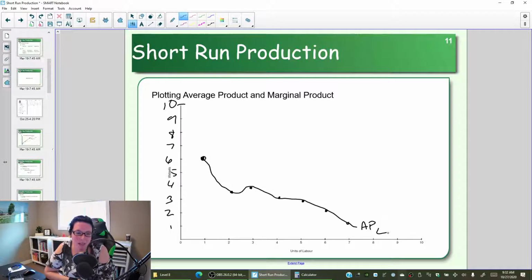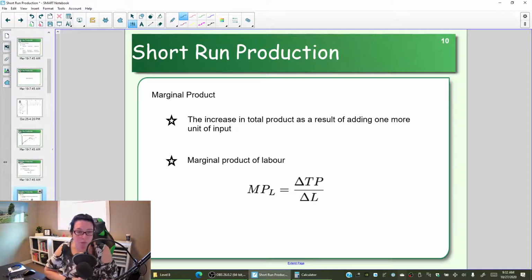And then as we added the additional workers, the amount made per worker, because they weren't increasing their output substantially, as we take the total product, the amount produced, and we spread it across more workers, we're seeing this average product of labor. It went up a little bit here and then continued to decline. We're going to look at why the average product of labor might have this shape or a different shape in just a moment. But in order to have that discussion, we need to first talk about another measure of productivity.